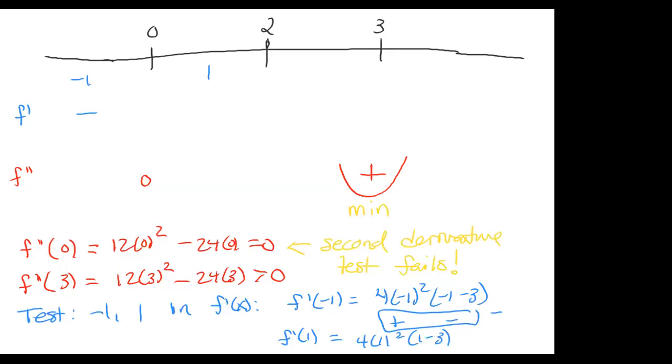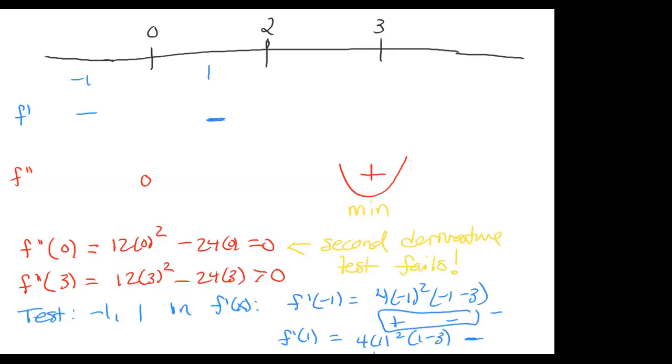Well, that gives me a positive number times a negative number, which is also negative. So it looks like in this interval, to the right of 0, the graph is also negative.